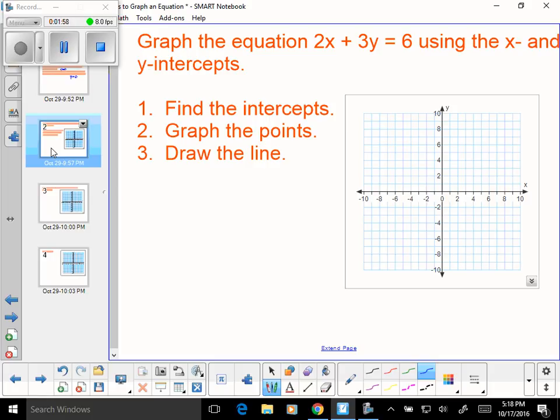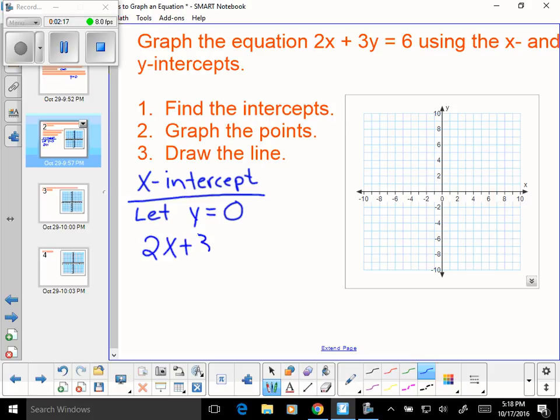The first thing we're going to find is the x-intercept. And according to your notes, this is where we are going to let y equal 0. We're going to substitute into the equation. 2 times x plus 3 times 0 is going to equal 6. Okay, now think about it.